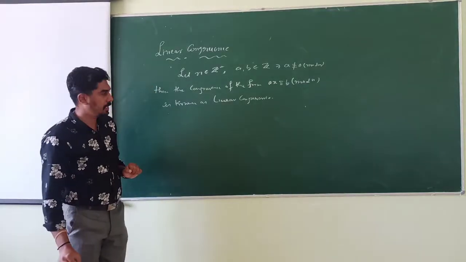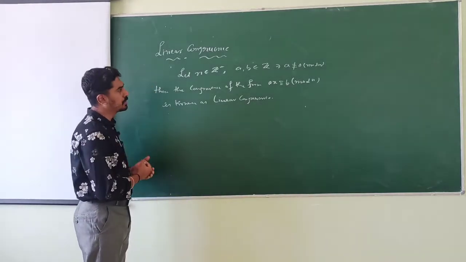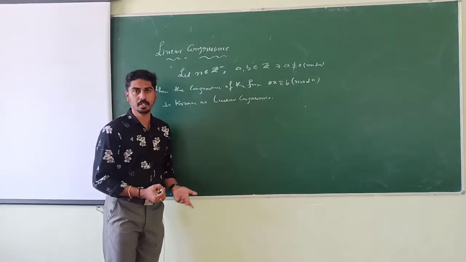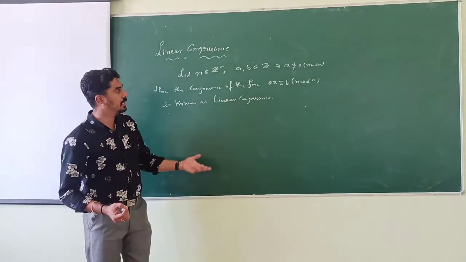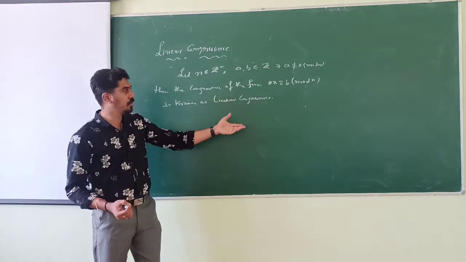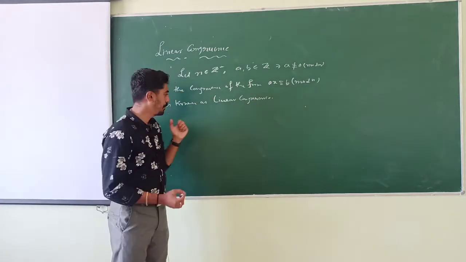Here x is a variable. Suppose for an integer x naught, a x naught is congruent to b modulo n, then we say that x naught is a particular solution for this linear congruence.